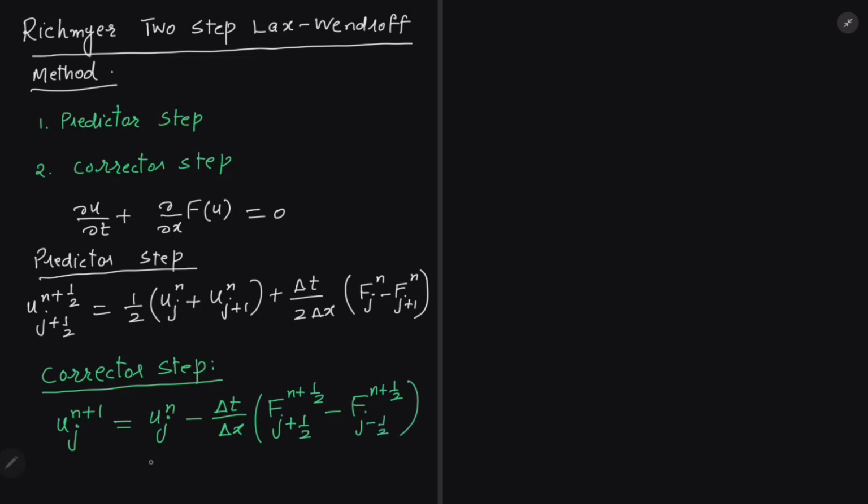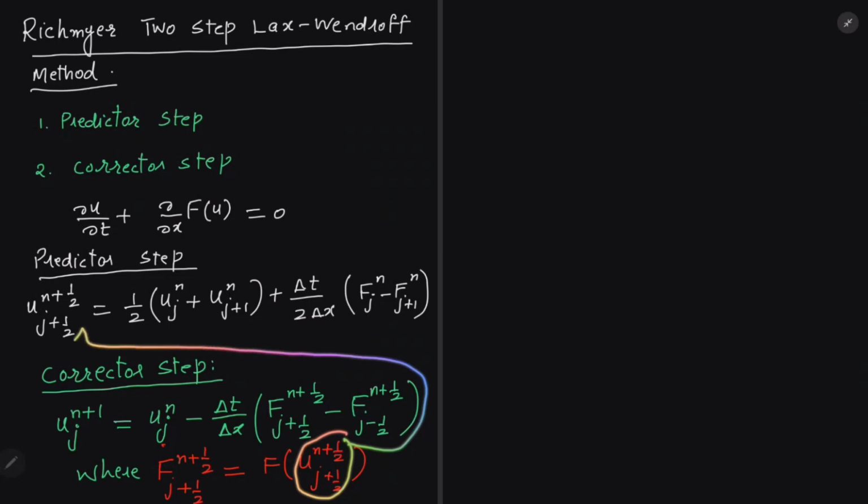And remember that we have F n plus 1/2, j plus 1/2, which is a flux, equal to F of u n plus 1/2, j plus 1/2. You can see that this u n plus 1/2, j plus 1/2 can be obtained from this formula.